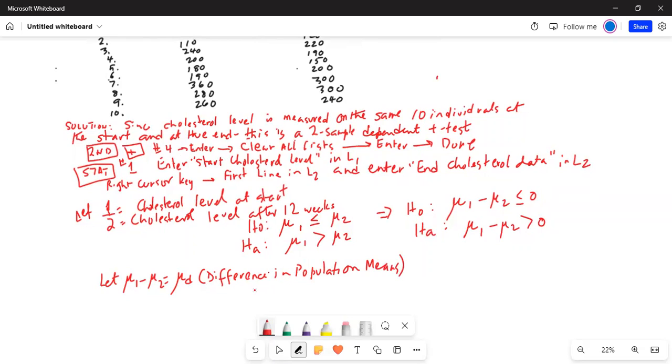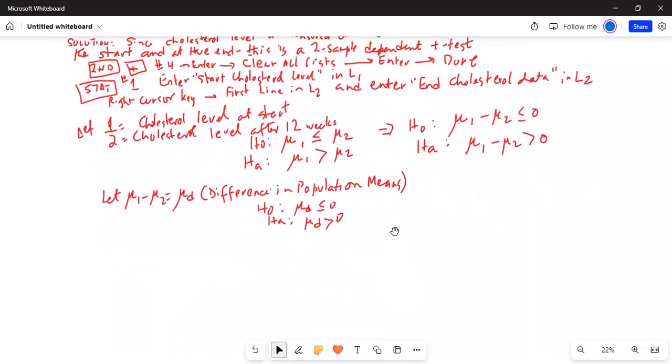Our null hypothesis is mu d less than or equal to 0, and the alternate is mu d greater than 0.